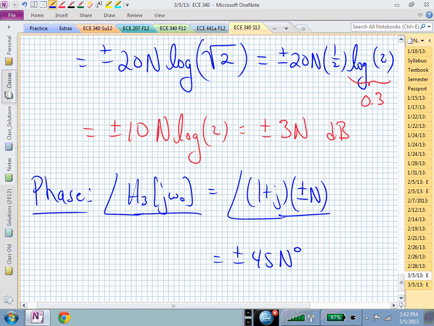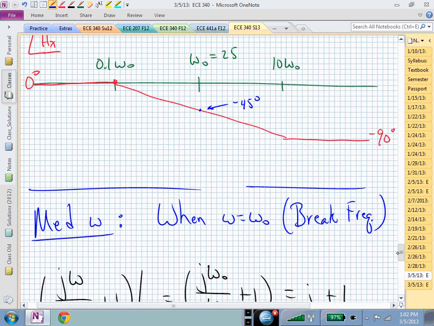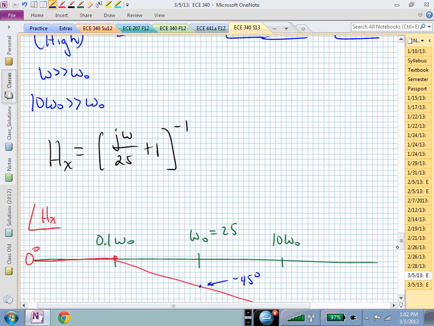If you wanted to find values of the phase in between these three extremes, you would want to go back to this particular expression and plug in the appropriate omega. If you wanted to say, I want to know what's happening magnitude and phase-wise right at omega equal 10, you would plug in omega equal to 10, and you would say, okay, this is now a complex number, 1 plus j 10 over 2.5.